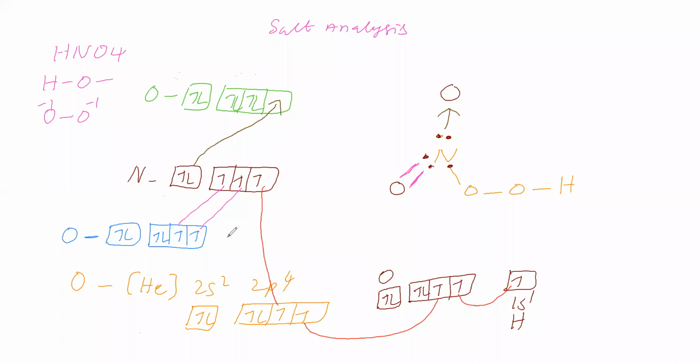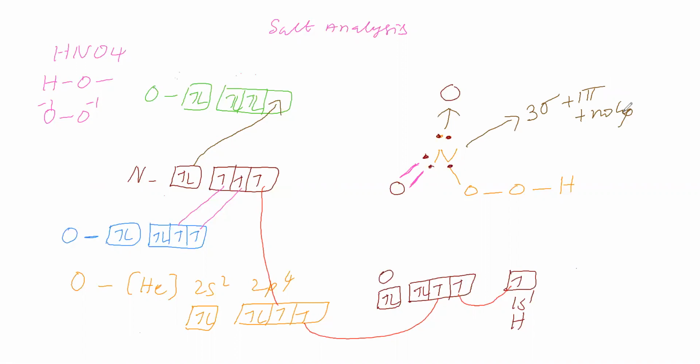For this nitrogen, count how many sigma bonds: 3 sigma bonds, 1, 2, 3. Then how many pi bonds? 1 pi bond. Then count lone pairs in the nitrogen. No lone pairs.